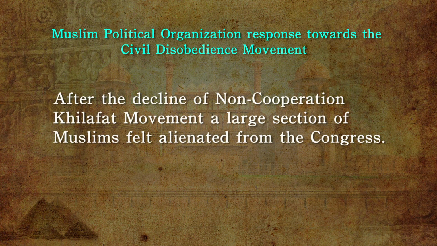Some of the Muslim political organizations in India gave a lukewarm response to the civil disobedience movement. After the decline of the non-cooperation Khilafat movement, a large section of Muslims felt alienated from the Congress.